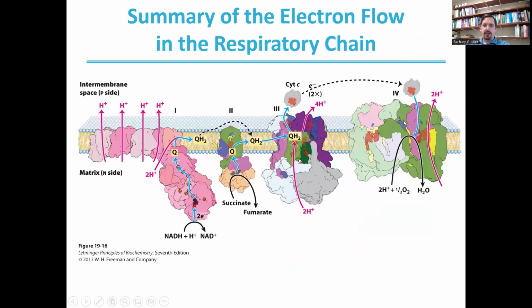So we've now completed our overall cycle. We've looked at each of the 4 complexes, NADH and FADH2 inside our complex 2 as our key starting electron donors, leading to coenzyme Q, leading to cytochrome C, and then finally ending at oxygen getting oxidized to water.